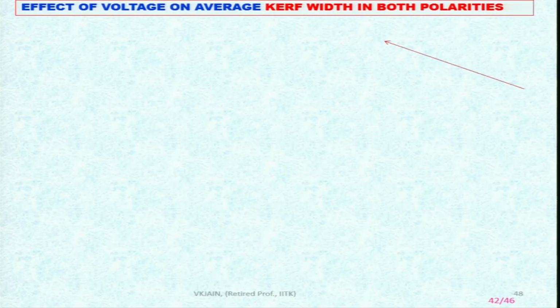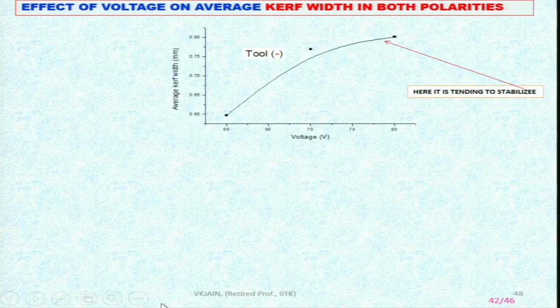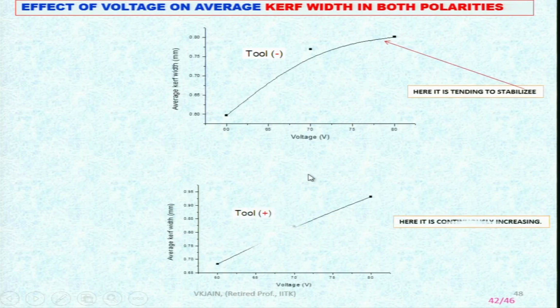Now let us discuss the effect of voltage on average kerf width in both polarities. As you can see here, average kerf width versus voltage when the tool is negative, the kerf width is also continuously increasing with the voltage, because we already know that as voltage is increased, material removal rate is also going to increase, and as a result of that kerf width is also going to increase as shown over here.